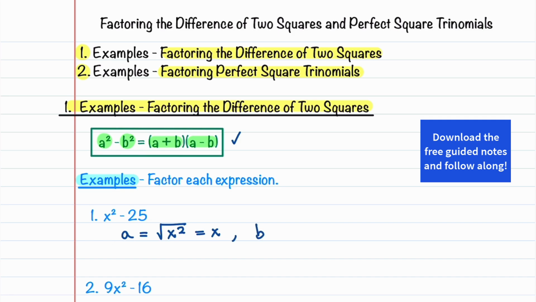And then b is the square root of our second term, which is 25, and that's going to be equal to 5. If we apply our formula then, we have x squared minus 25 is going to be a plus b, so that's x plus 5, and then a minus b, which is x minus 5. So our difference of two squares factors like that.